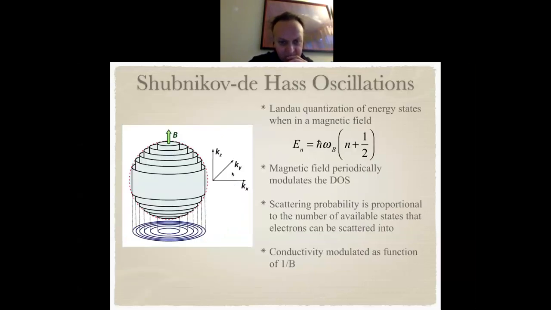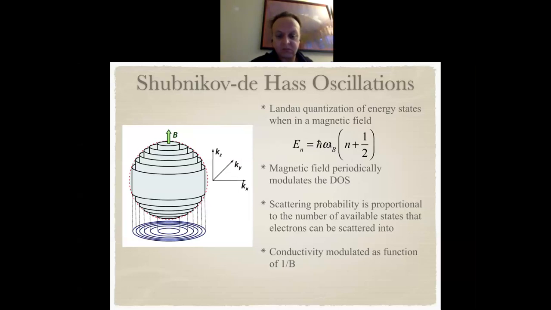So the Shubnikov-de Haas oscillations, they basically result from Landau quantization when a material is in a magnetic field. This expression is actually just the simplified two-dimensional expression. But you can see it's dependent on the cyclotron frequency, which is proportional to field. So as the field is raised, these Landau levels are more widely spaced.